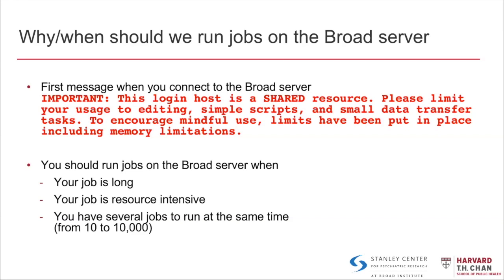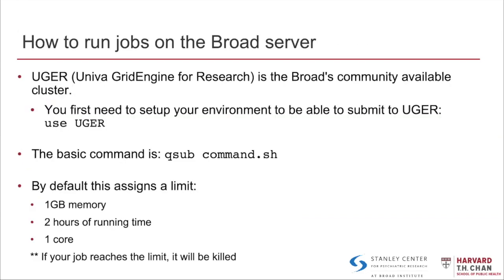So let's say you have 1,000 jobs to run, then you just need to specify to the Broad server that you need to run 1,000 commands, and then the server will decide how to prioritize those 1,000 jobs. So how to run jobs on the Broad server? The name of the Broad cluster is called UGER, as in Univa Grid Engine for Research.